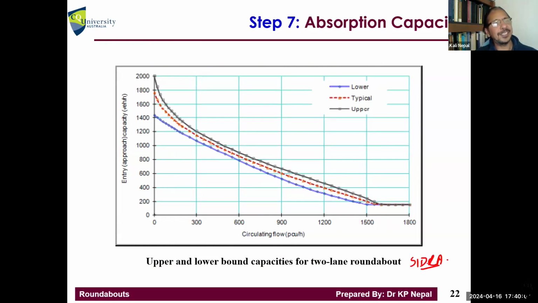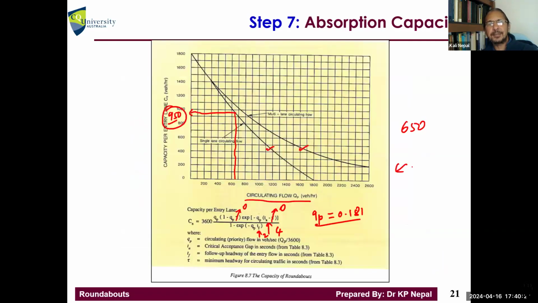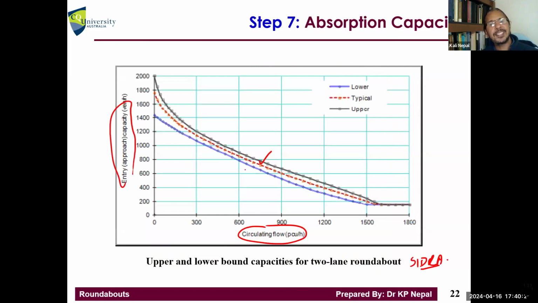We analyzed that. So absorption capacity based on the circulating flow: what is the entry approach capacity? Upper bound, lower bound, typical values are given here. These are similar curves, but this is from the Australian standard. Over here, they have slightly modified based on what they observed.